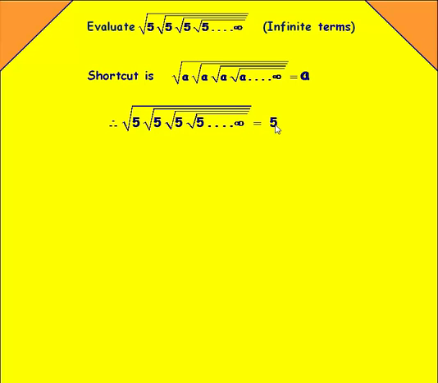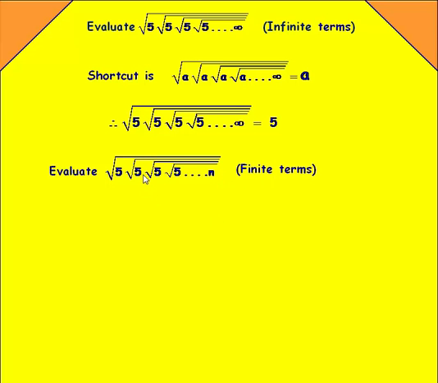Suppose if we have a finite number of terms, for that we have another shortcut. Now take an example, evaluate square root of 5 into square root of 5 and so on n. Here n is a finite number, so here we have a finite number of terms.